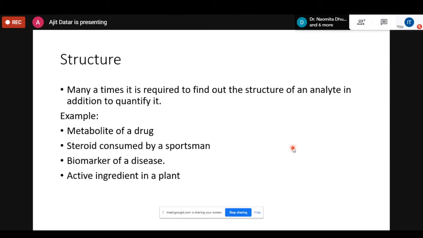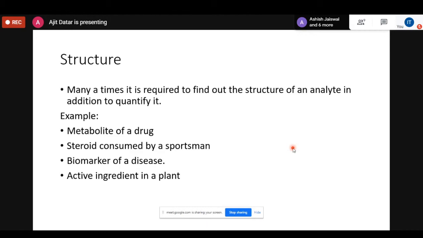Then there could be another application where we try to find out active ingredient in a plant. So if there is a medicinal plant and if there is some active ingredient, you have to isolate it, you have to find out what is the structure of that, and then you have to see whether you can produce that in a lab and then manufacture that, or whether there is sufficient amount of this particular ingredient in the plant, whether you can produce or farm that plant and produce that at a larger scale.